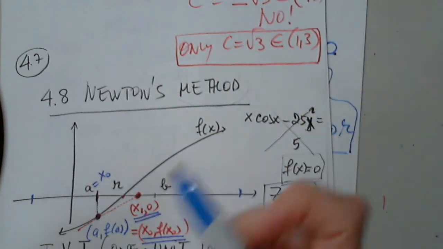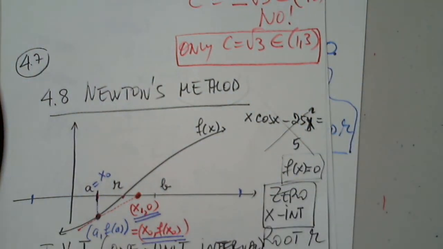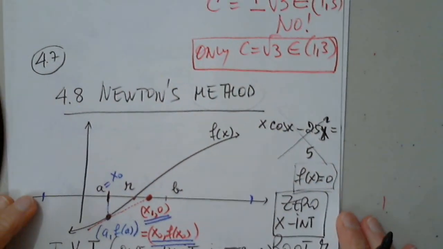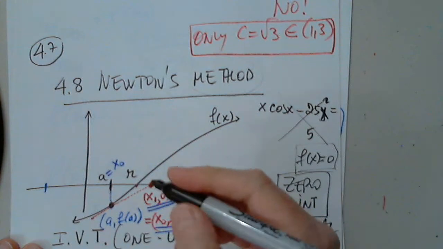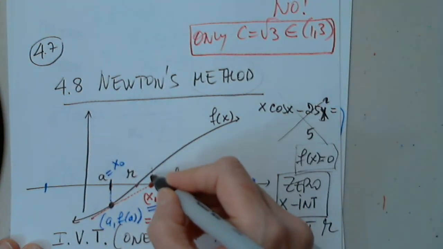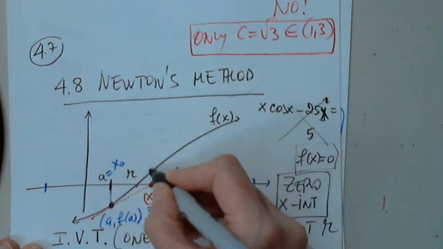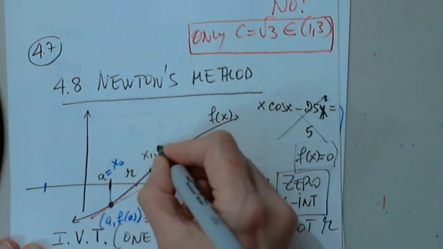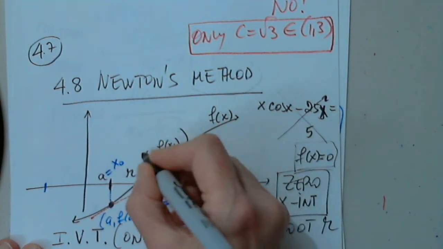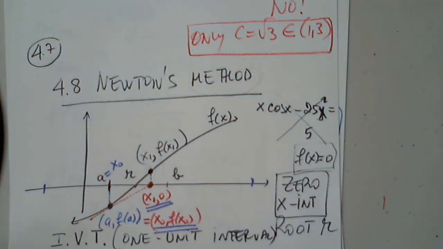Okay, so Newton said, fine, we got a better estimate. But he said, well, I can do better. And he continued. He drew a vertical line. It crossed the graph in this point. Of course, now this point is x sub 1 comma f of x sub 1. What do you think he drew next?